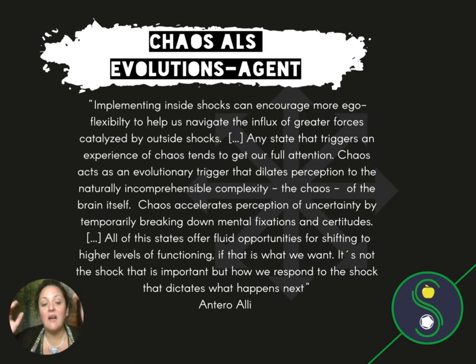Then you have the opportunity to make new connections and create new neural pathways for problem solving in your life. It's not the shock that is important, but how we respond to that shock that dictates what happens next. It's about increasing the response-ability to the shocks of life, which in other lingo would be called resilience.